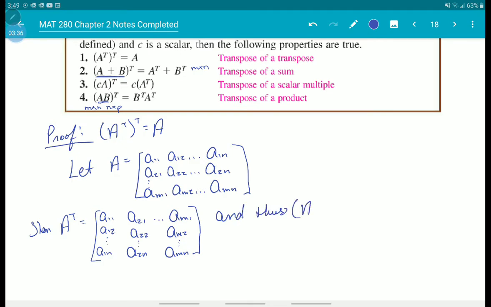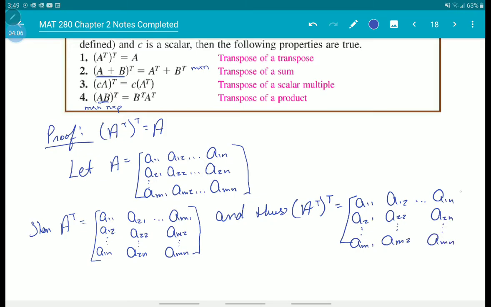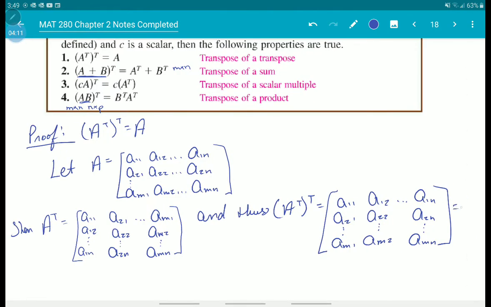And then if we take the transpose of the transpose, then we're just going to get right back to where we started. And that is equal to matrix A. So we have proven our case.